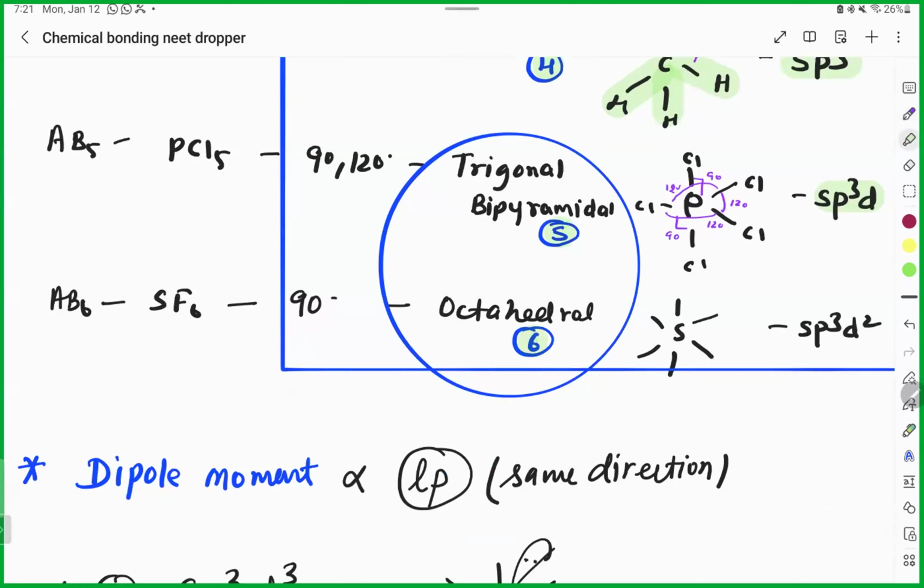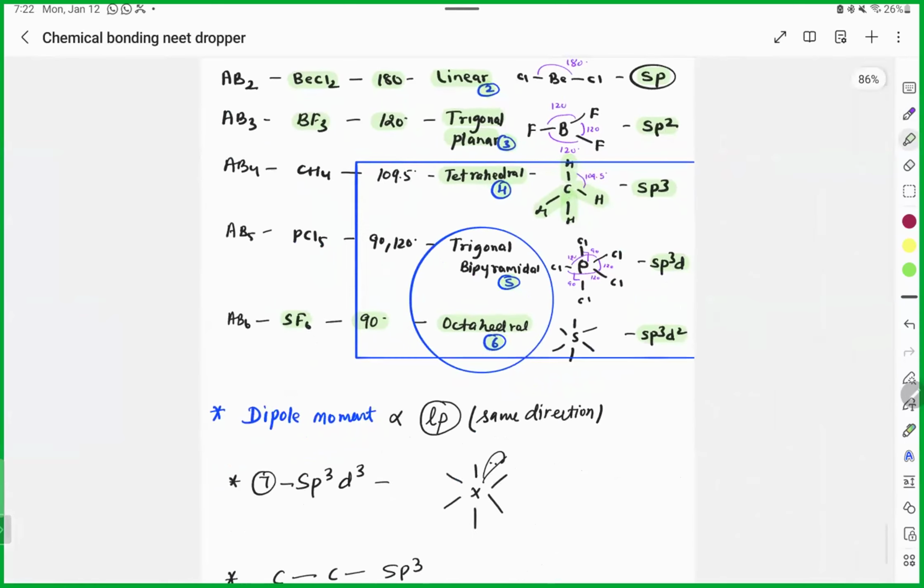The shape will be octahedral only, and all angles will be 90 degrees. Example is this. You have only these numbers, trust me: 2, 3, 4, 5, 6. 2 linear, 3 trigonal planar, 4 tetrahedral, 5 trigonal bipyramidal, and 6 octahedral. That's all. I'll show you in questions.